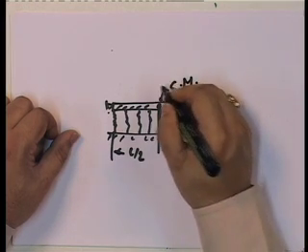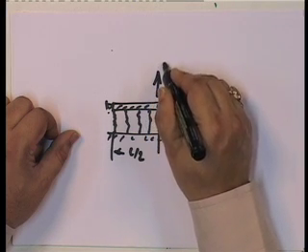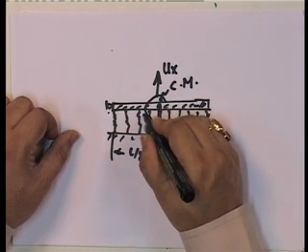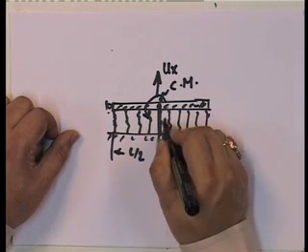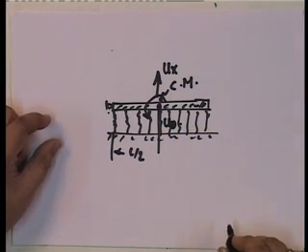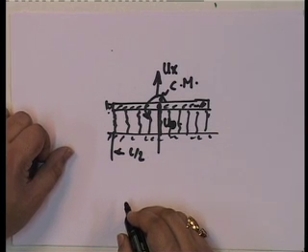I am going to define 2 degrees of freedom at the center of mass, u x and u theta.